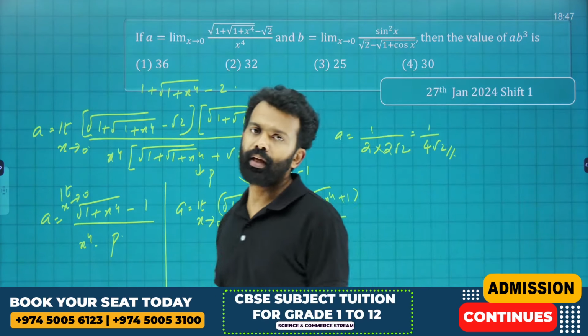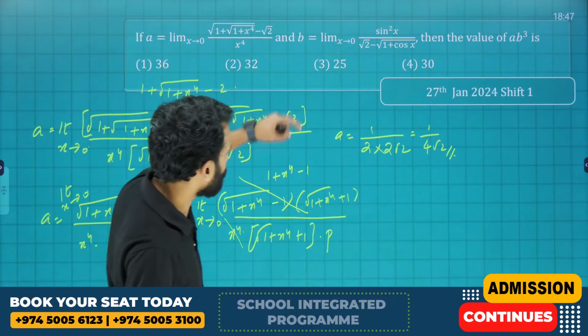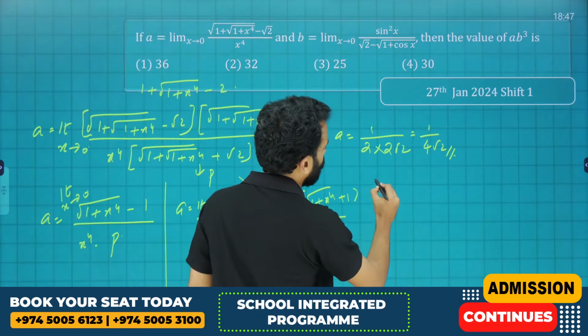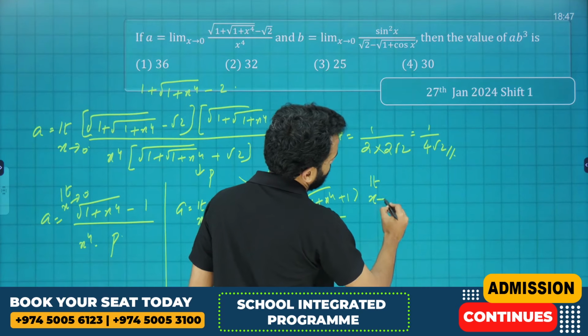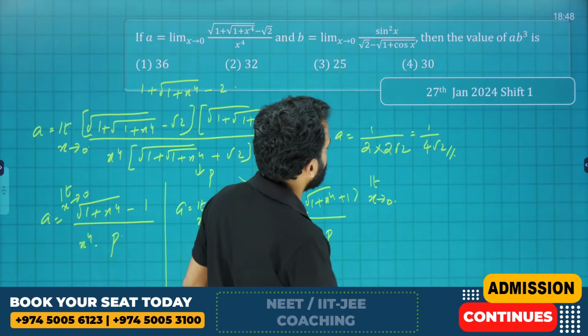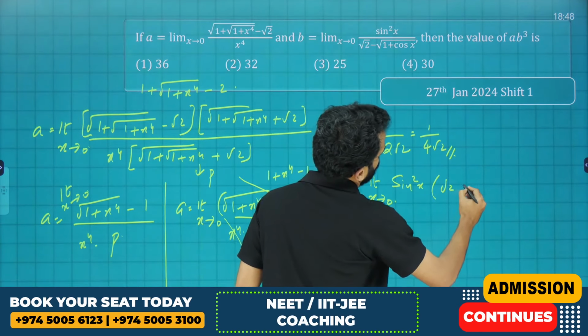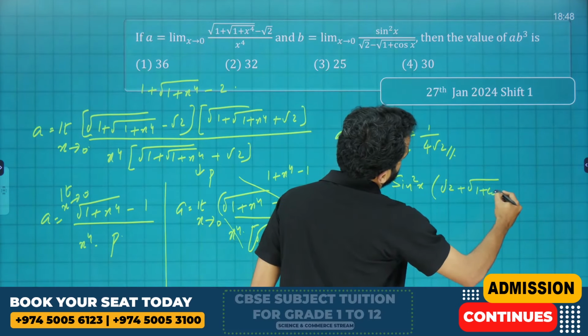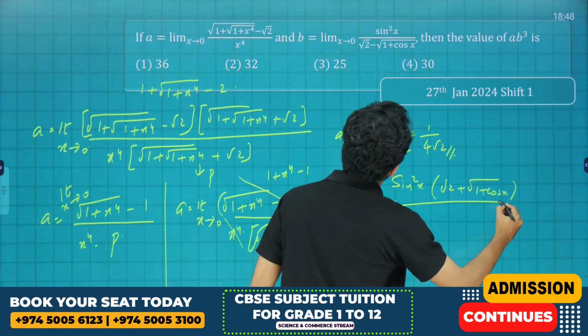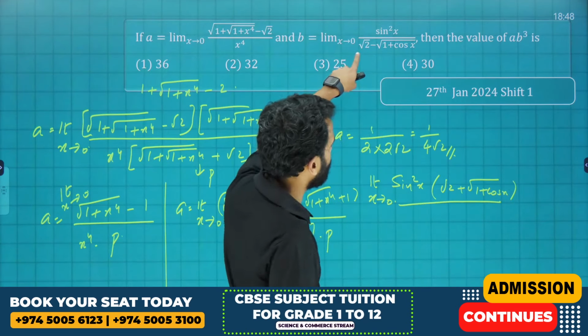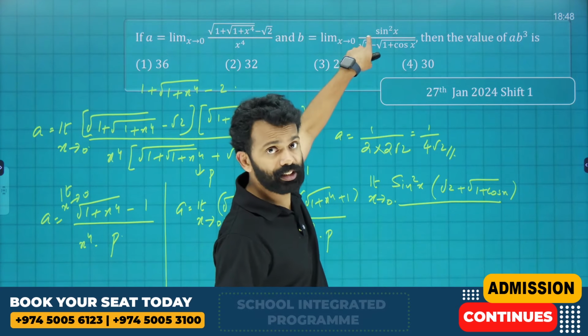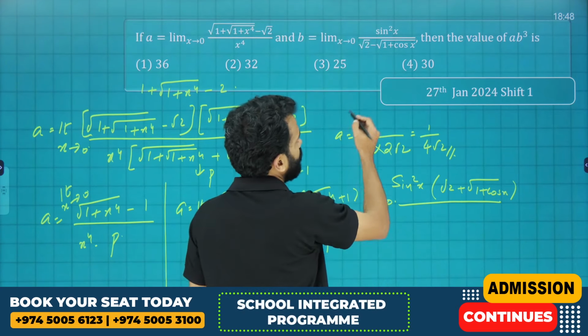Okay, that's done. Then B. B is, okay, here also I am going to apply the rationalization technique. Therefore, after applying that, you will get sine square x into root 2 plus root of 1 plus cos x divided by, see, if you multiply this with its corresponding conjugate, what you will get here?